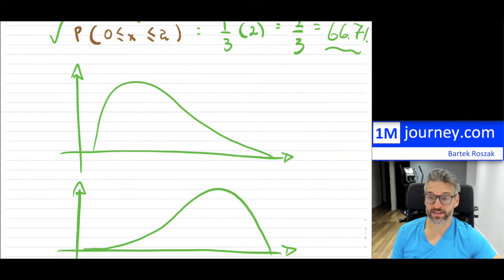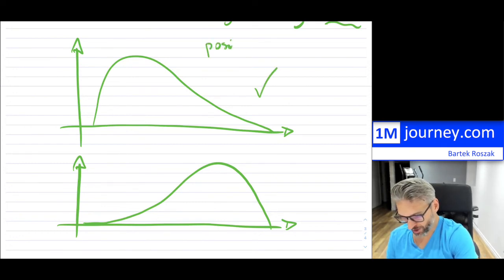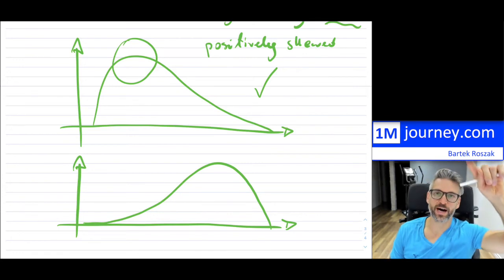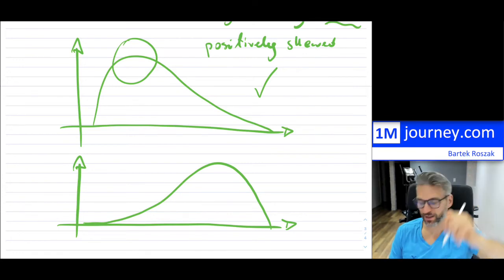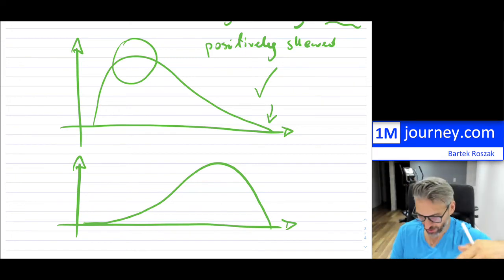And by the way, these actually have names, right? So these probability distributions, if something looks like this, it is called positively skewed, where you have your unimodal, just one hump, uni meaning one, and then your tail is more off to the right.